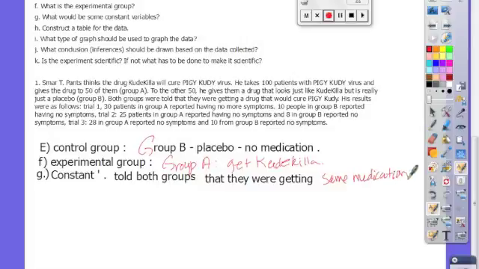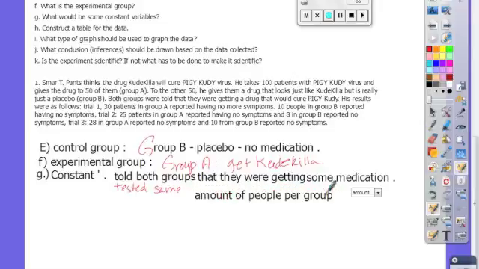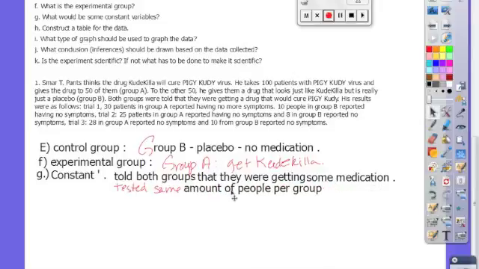That's a constant. Same amount of people per group. Okay, good. Those are at least some examples there. There's much more, but we're just going to keep it kind of basic here. Now H.